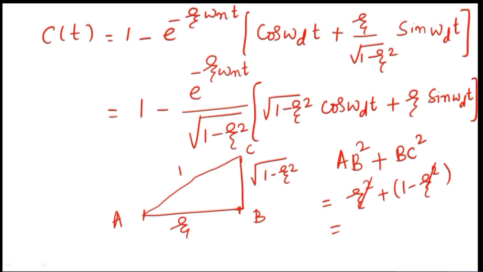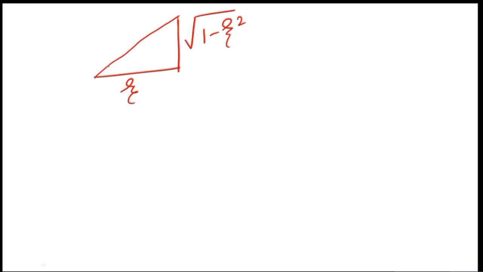Zeta square will get cancelled, equal to 1. It will become the hypotenuse of the triangle ABC. So here I can put an angle theta.